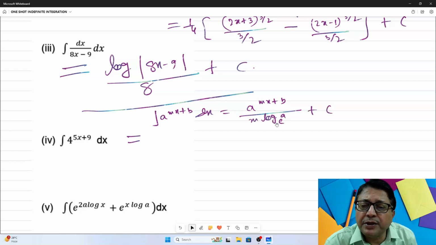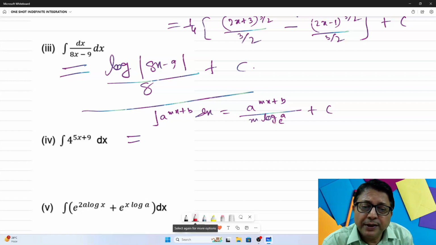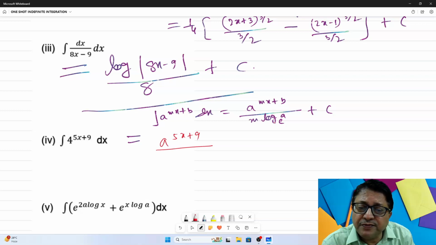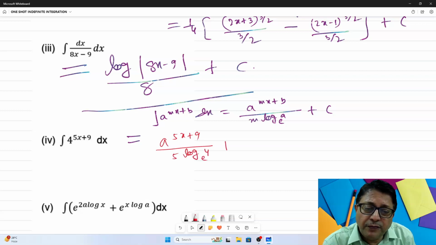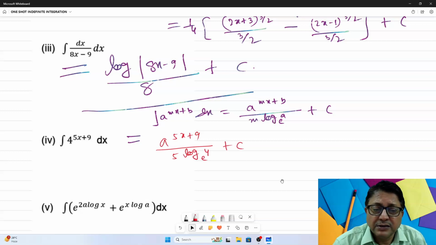Base e you need not repeat. So for this one, the answer is going to be 4^(5x+9) by 5 log 4 base e plus c.